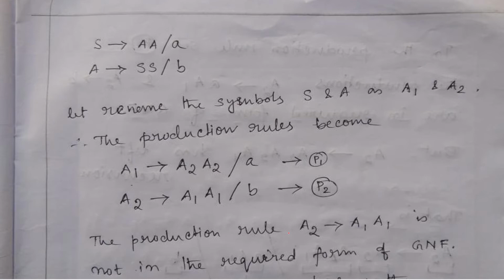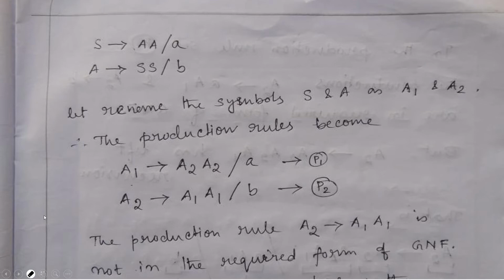Now we have to make this simple context free grammar into a GNF form. So as I told you in step 2, this is what I have done.